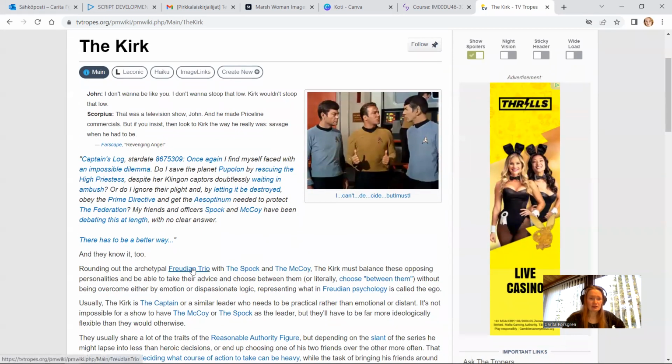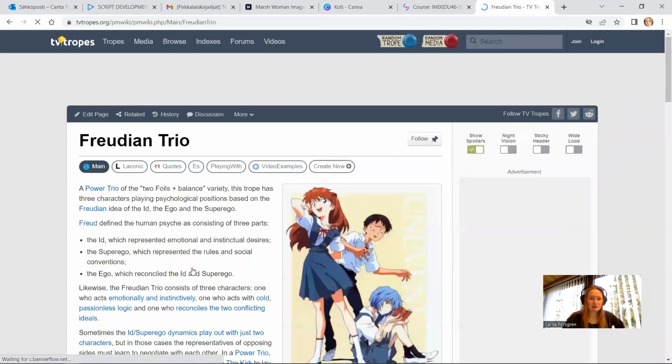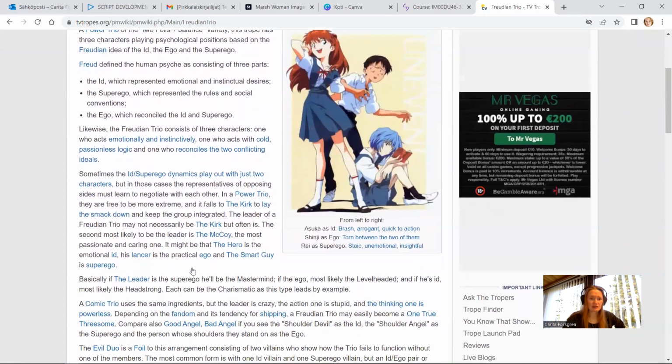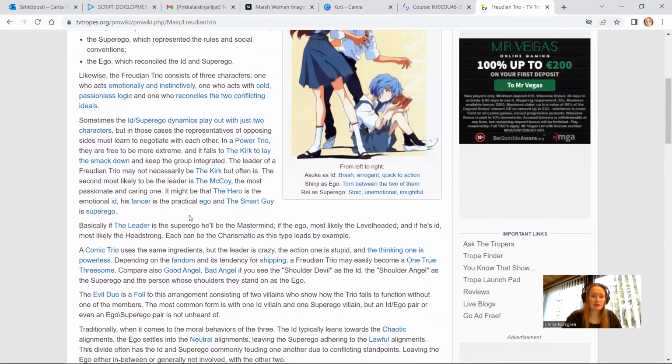And here we also find the archetypal Freudian trio. And there's more stuff about what the superego and id and the ego are. And there are other kinds of trios, as you can see also from this text, which are usually dynamic ones.